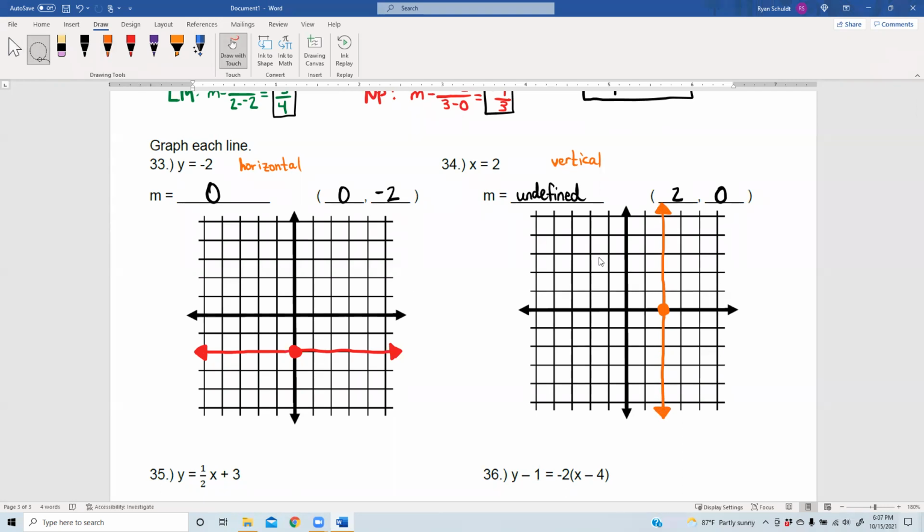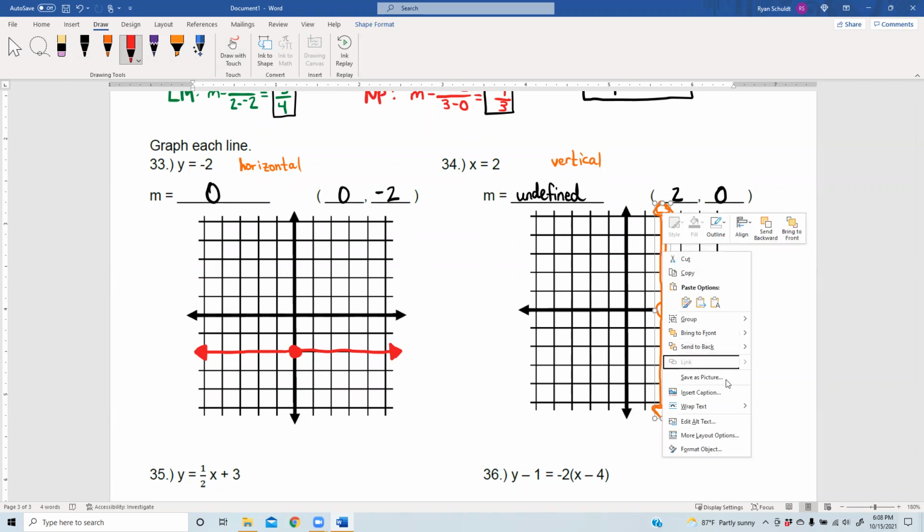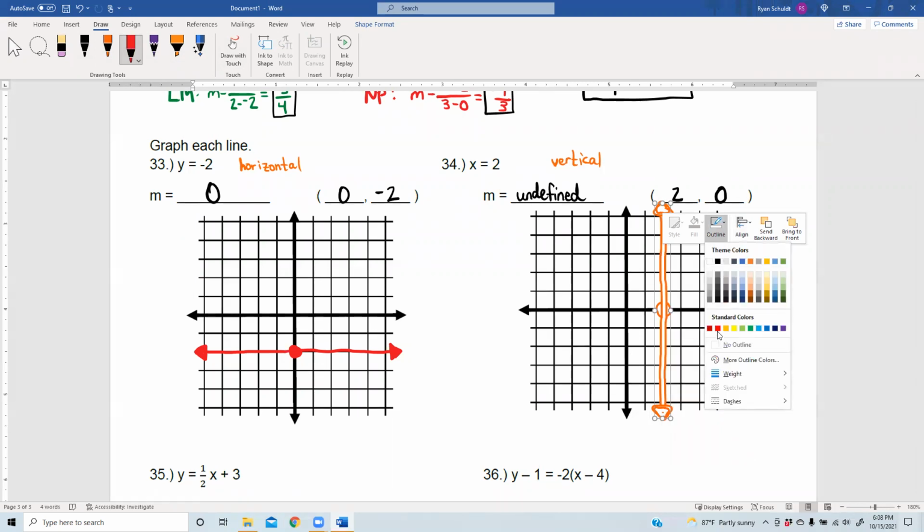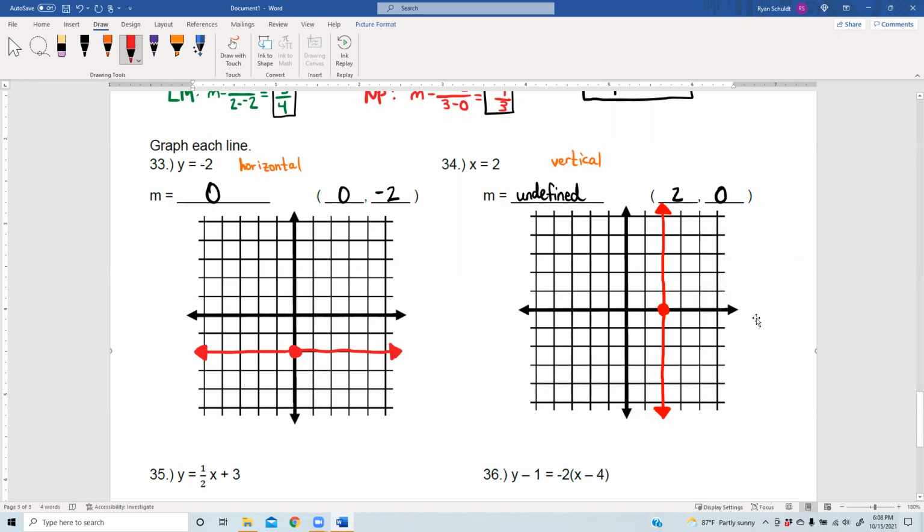It should be in red. There we go. Okay, so there's those two.